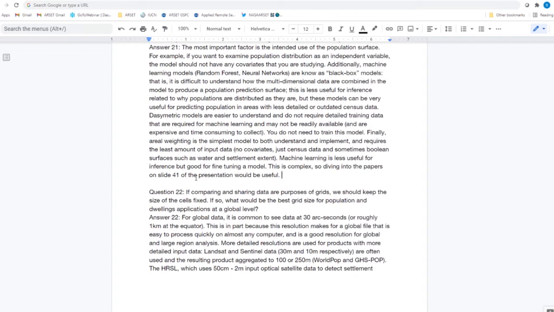So it's very important to understand some of the basics. Anybody who has tried to create any kind of population allocation model knows how difficult it can be, and how careful you have to be about the population estimates that you're creating for very fine resolution units.